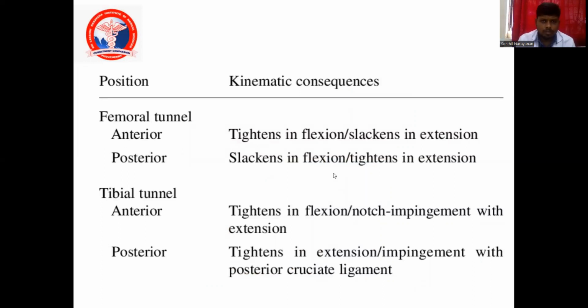The same applies to the femoral tunnel anterior and posterior, and the tibial tunnel anterior and posterior. Tibial tunnel anterior is tight in flexion, posterior is tight in extension.